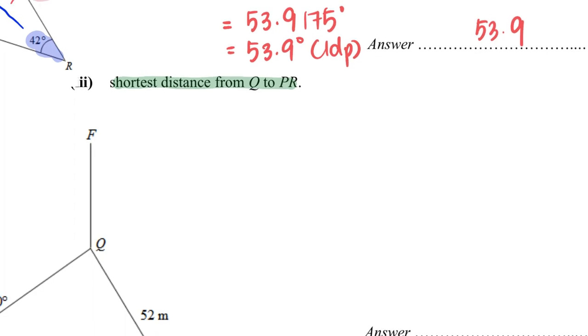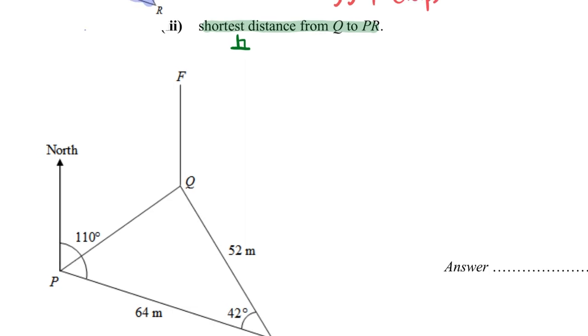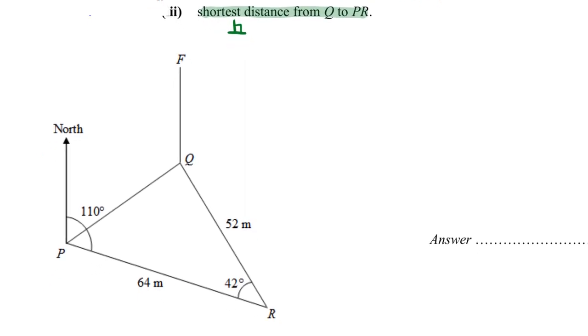Please remember, shortest distance, we are talking about the perpendicular distance, okay? So in this particular diagram, you will then see Mr. Tan pulling out a ruler and drawing a right angle perpendicular line from Q all the way to PR, and this is 90 degrees.